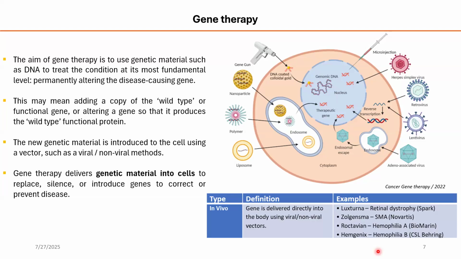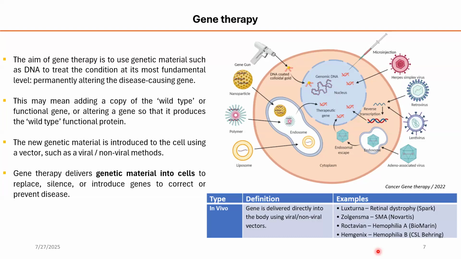Okay, so in that case, what happens to the abnormal protein that was initially there? Does the functional protein clear the abnormal protein, or does the functional protein supersede the abnormal protein in such a way that the abnormal protein is no more functional? How is the mechanism? Normally, the abnormal protein is in a very small amount. That's why you have the disease, right? So you have less amount of the normal protein.